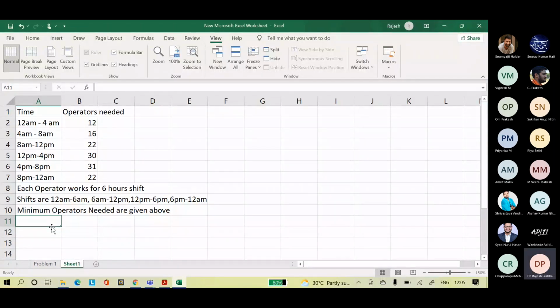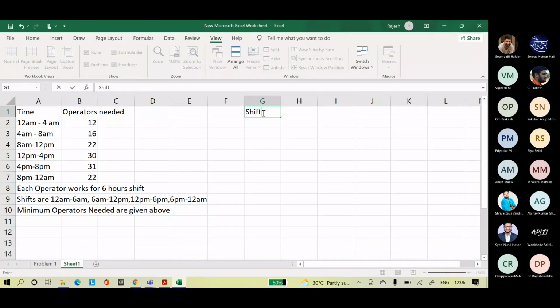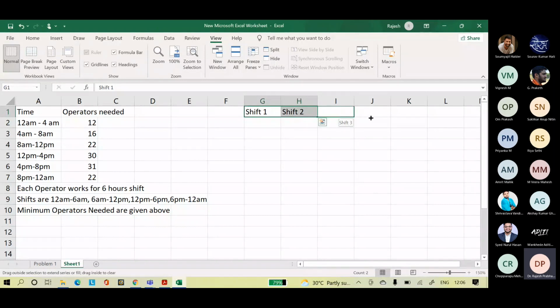Okay, so let us convert this into our problem, like how we did in the previous one. So let us say shift 1, shift 2, shift 3, shift 4.